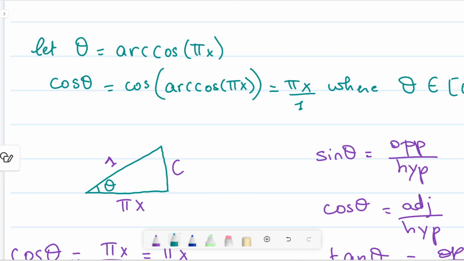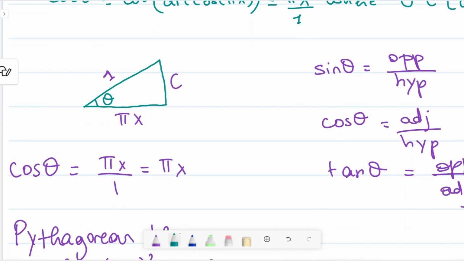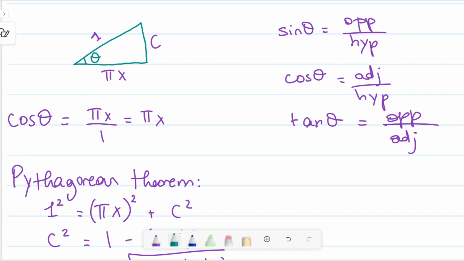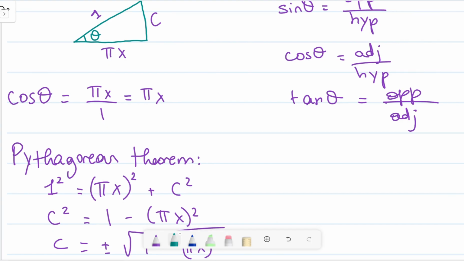Now let's solve for c. And we all remember the Pythagorean theorem, so let's use it to solve for c. Using the Pythagorean theorem, the hypotenuse squared, or 1 squared, equals (pi x) squared plus c squared. So let's solve for c squared. C squared is equal to 1 minus (pi x) squared.